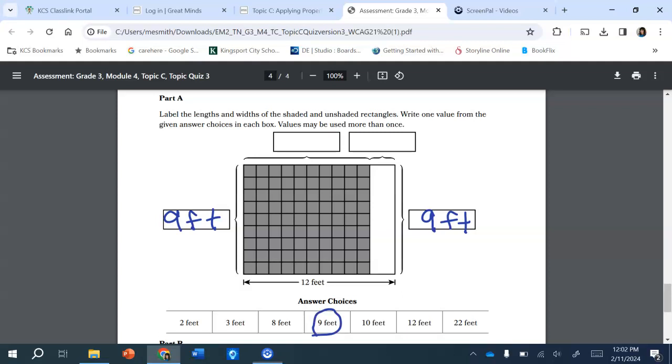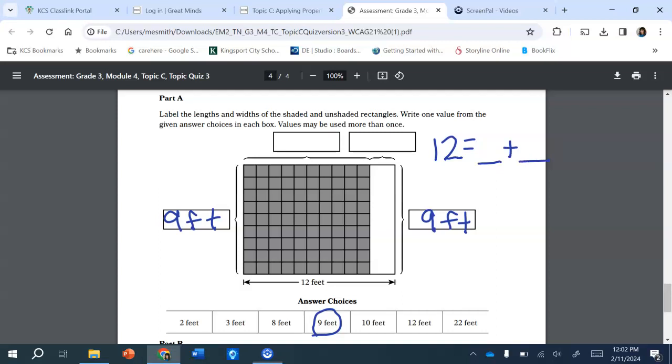I look at the bottom, which they told me was 12 feet total. So the entire patio is 12 feet. But I noticed that they've only tiled a section, and there's a section left. I am thinking about this as I have 12 total feet, and I have broken it apart into something plus something.